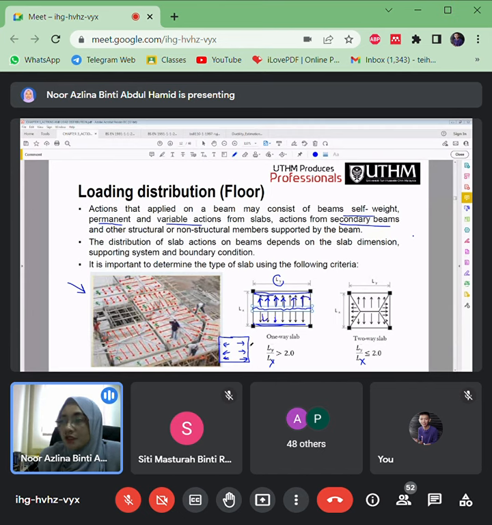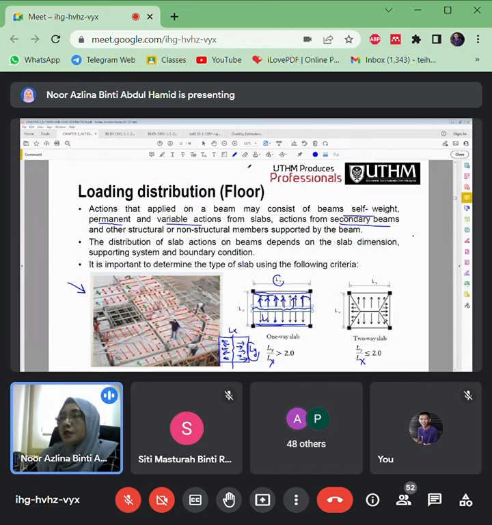So let's say this is Ly here, this is Lx, the short span here. So make cracks lines along the Ly, parallel to the Ly. So this is the direction of distribution of the slab here.